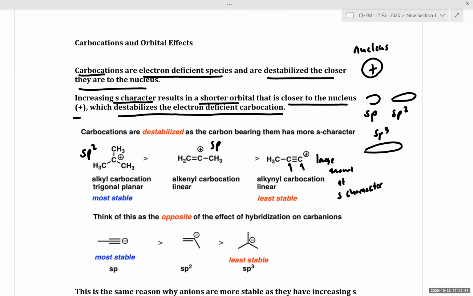So in terms of orbital effects, the less S character you have, the more stable your carbocation is. Does this idea of orbital effects make sense to everyone?